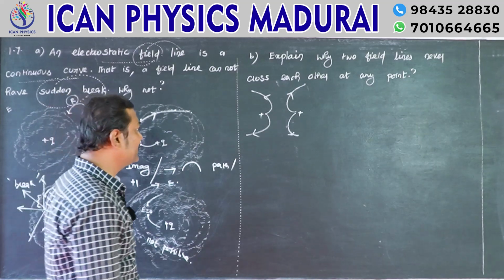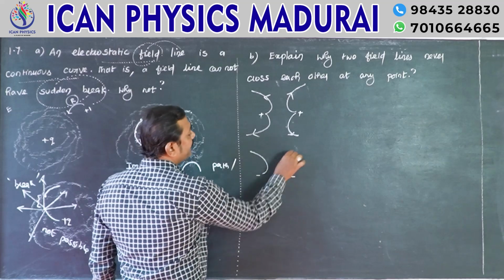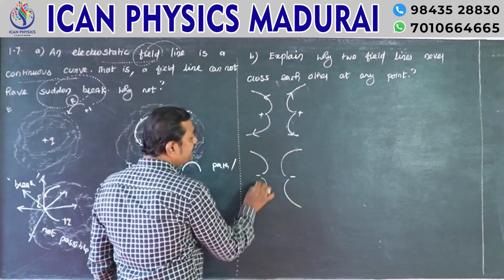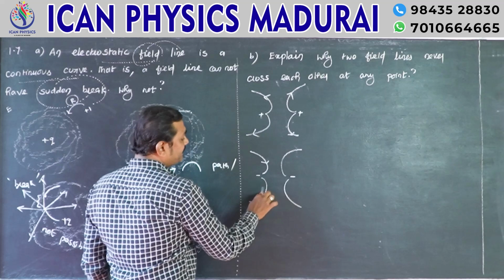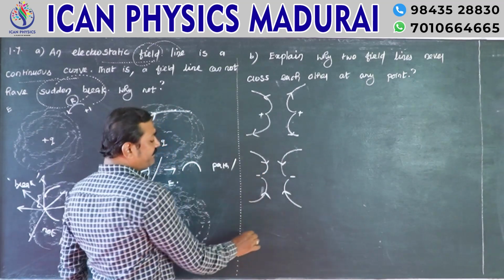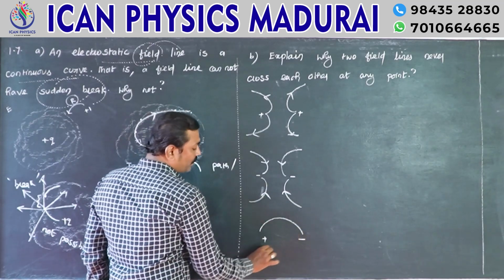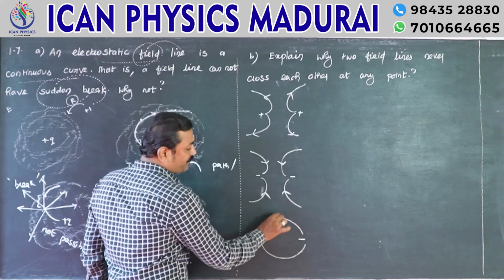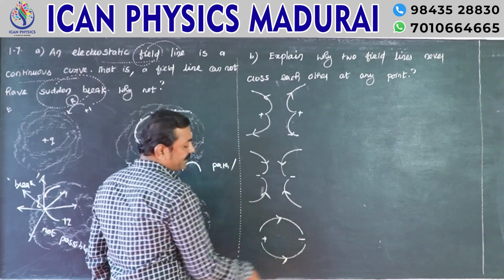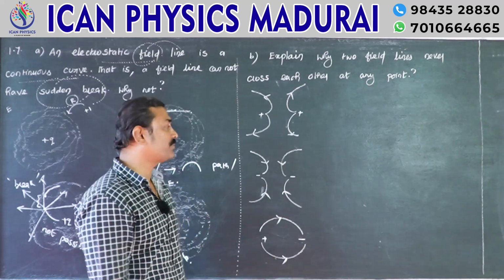At the same time, for a negative and a negative, once again they repel each other, but the electric field lines are moving inwards. When we go for positive and negative, the electric field lines start from positive and terminate at negative. Here also, they never intersect each other. This is the first property.